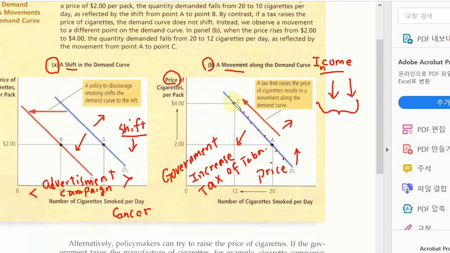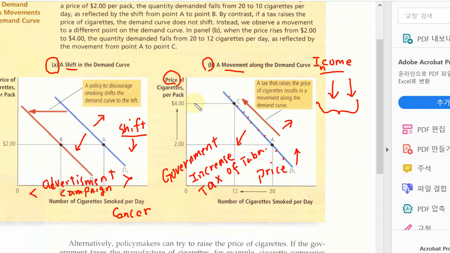Just the demand point will move along the curve. So the curve will be fixed. So we have distinguished these two concepts: demand curve movement and shift. These are quite similar terms but have different meanings.